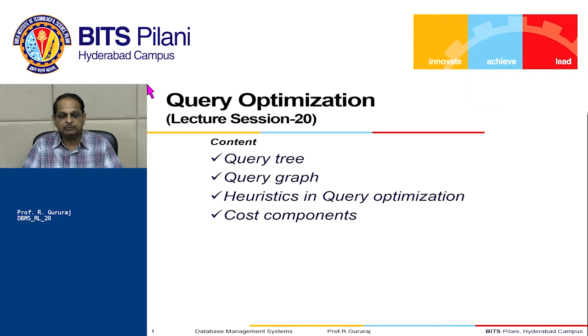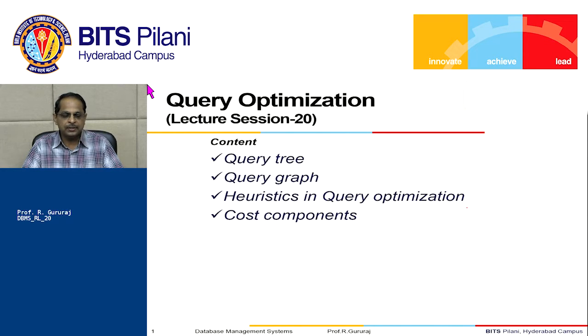In the previous session, that is in lecture session 19, we clearly understood the various steps involved in executing an SQL query. When an SQL query is submitted to the query engine of a database management system, first scanning is done with an intention to generate tokens of the SQL language.